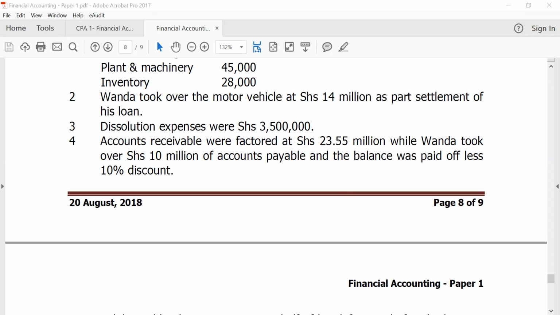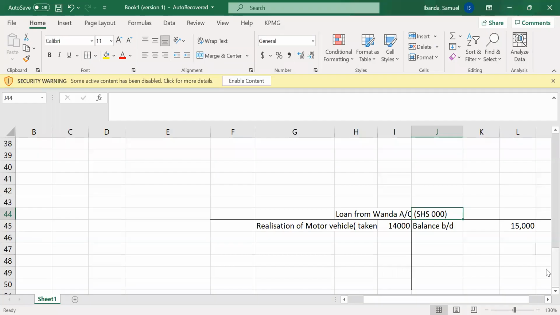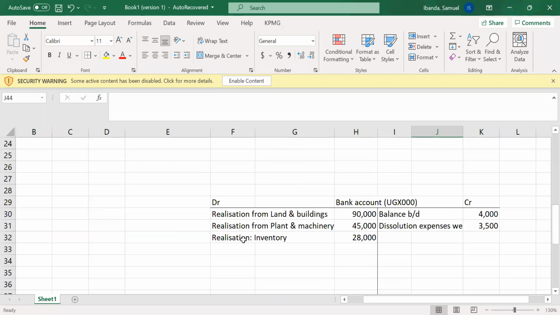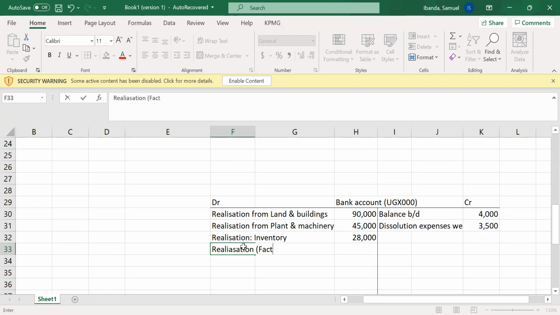So we know that the double entry for that will go through the bank by debiting the bank. But since we had transferred our receivables, because if you remember, we transferred our receivables to where? To our realization account, then we'll take into consideration to make sure that as we debit our bank, we recognize the realization of our accounts receivables. Realization, we can say factoring of receivables.